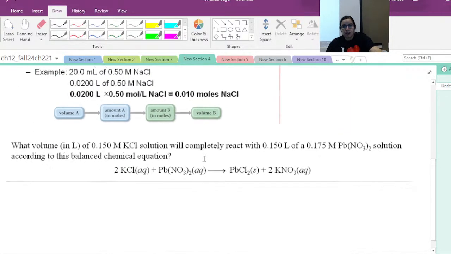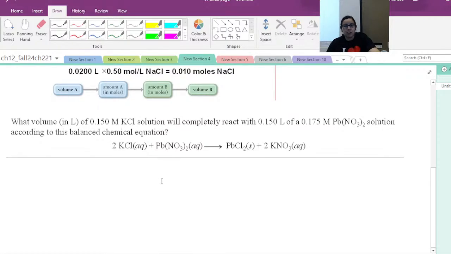Now let's take it to stoichiometry. What volume, in liters, of a 0.150 molar potassium chloride solution will completely react with a 0.150 liter solution of 0.175 molar lead nitrate?